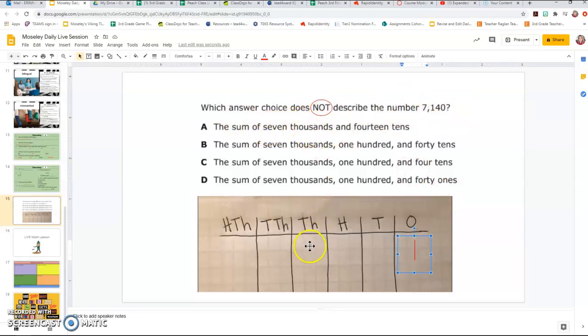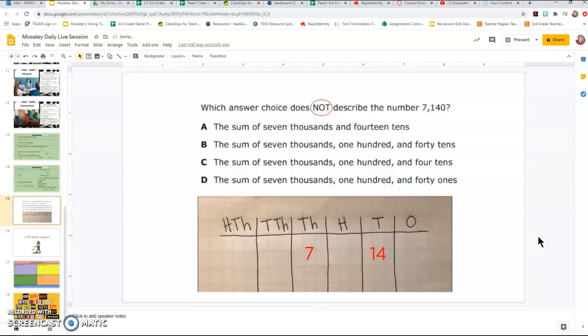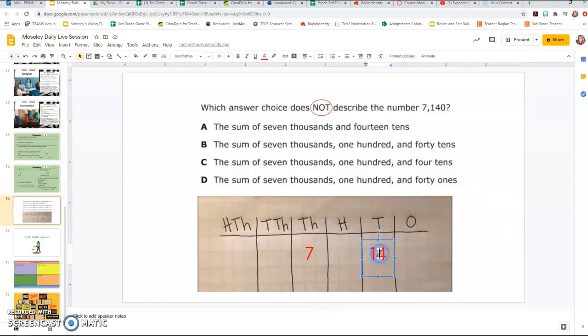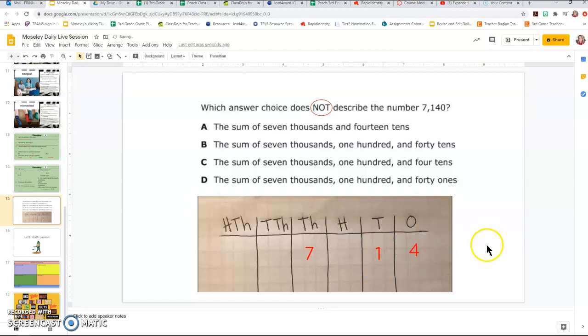So 7 thousands, so it told us to put a 7 and a 14 in the tens place. Okay, 14 tens. What happens there is the 14 tens creates 1 ten and 4 ones.